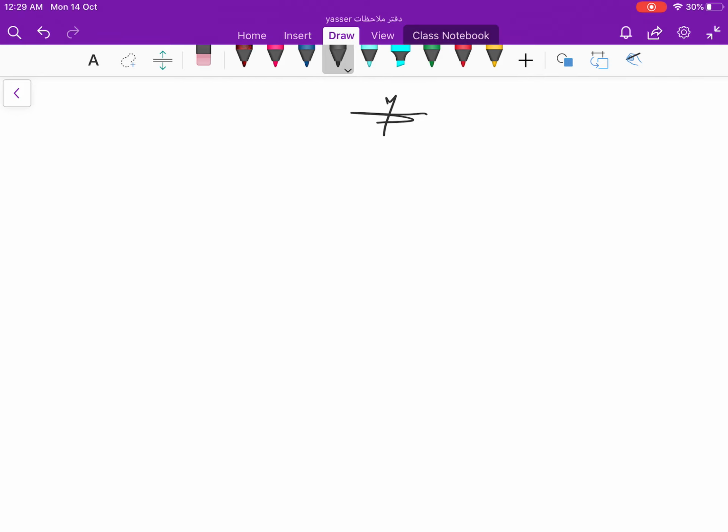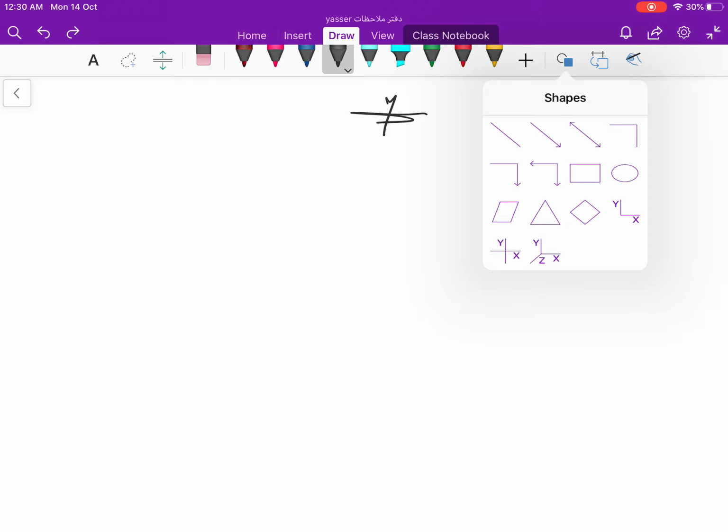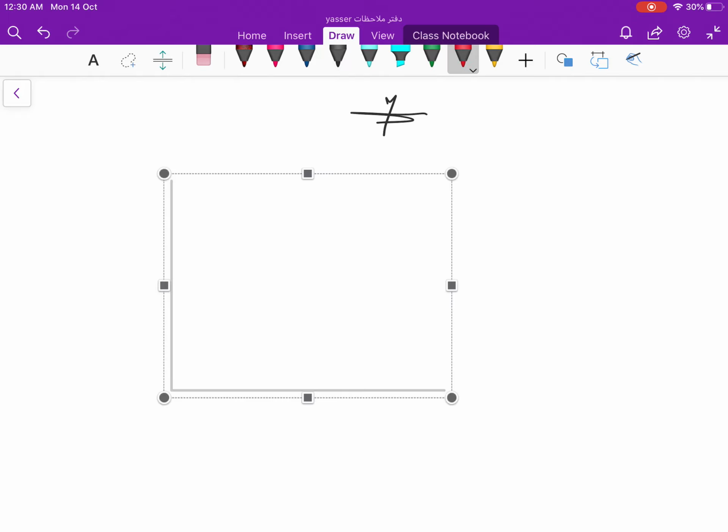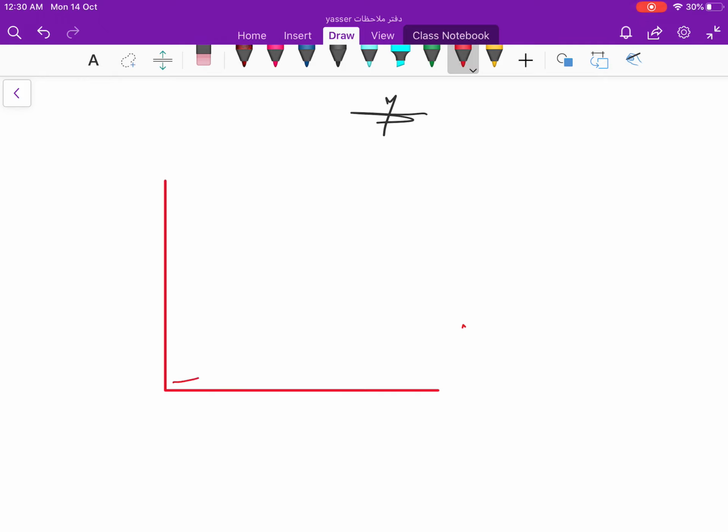Okay guys, let's apply on this. Assume we have a displacement time graph and we want to change it to a velocity time graph. I'm going to erase this and draw it better, and I'm going to try to draw the graph smooth. Here we have a graph starting from the origin.